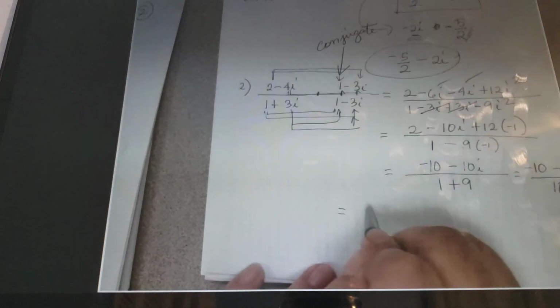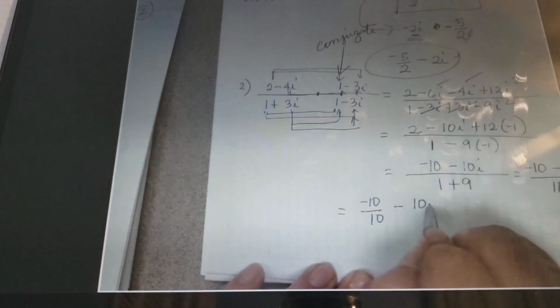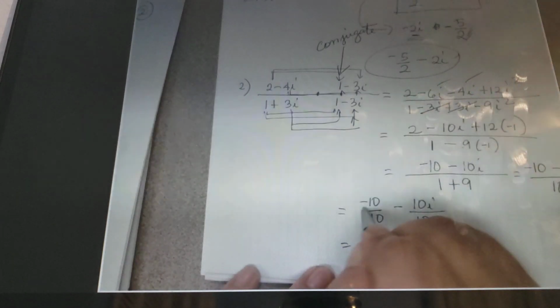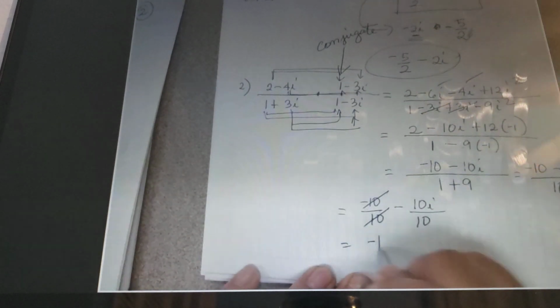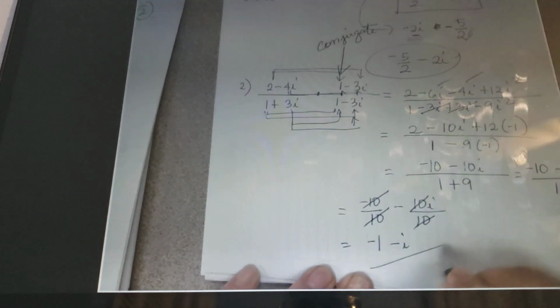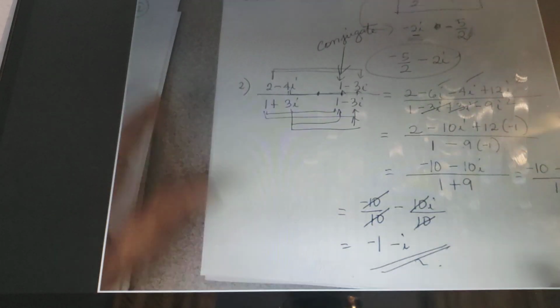So negative 10 over 10 minus 10i over 10. So we cancel that, negative 1. We cancel that, negative i. So this is the answer, negative 1 and negative i.